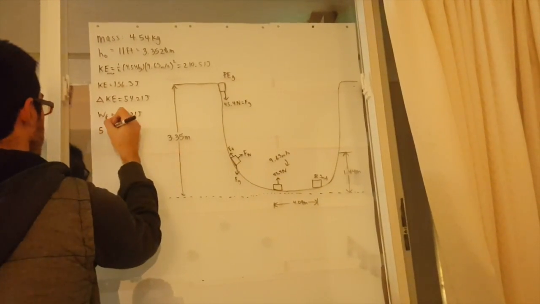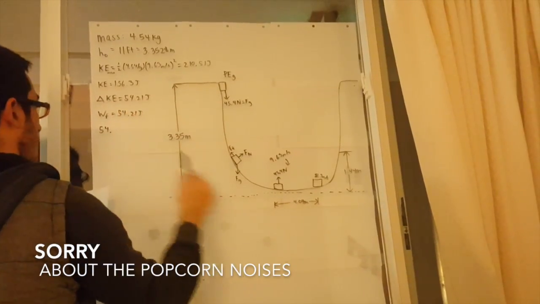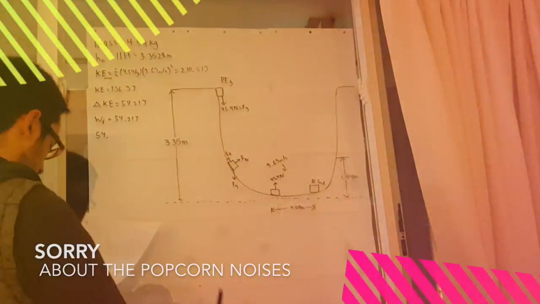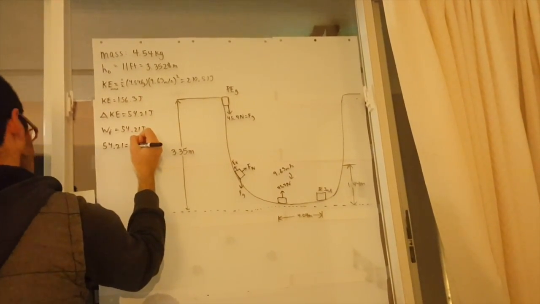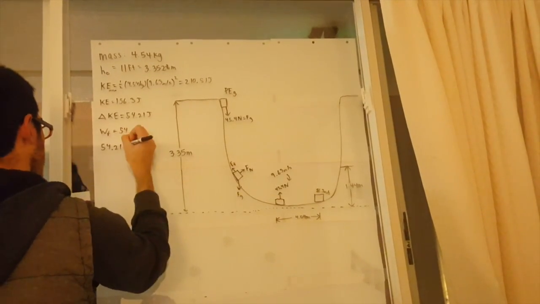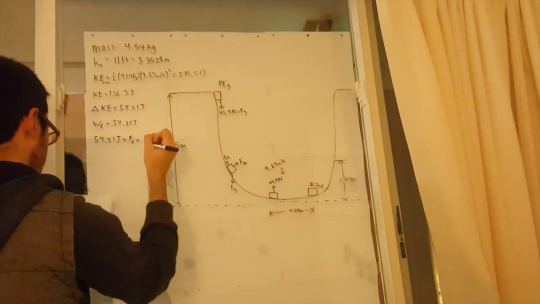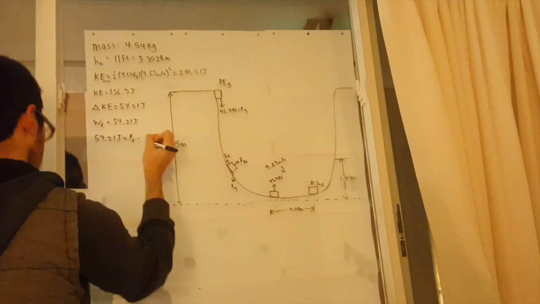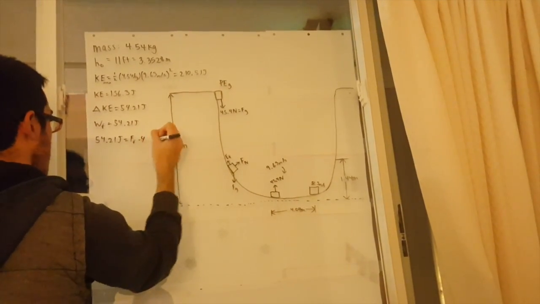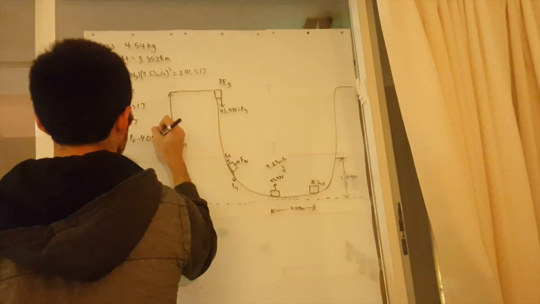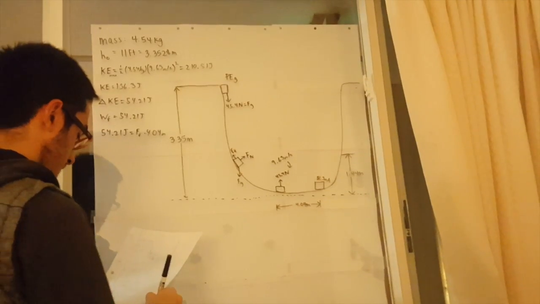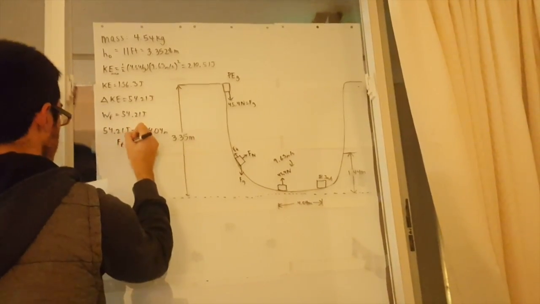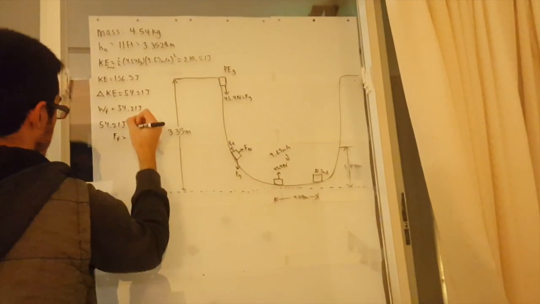So then, to find the force of friction when it was at that flat part, work equals force times distance, and we solve for the force of friction. It is 13.4 newtons.